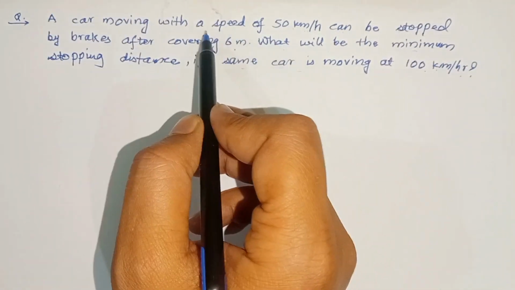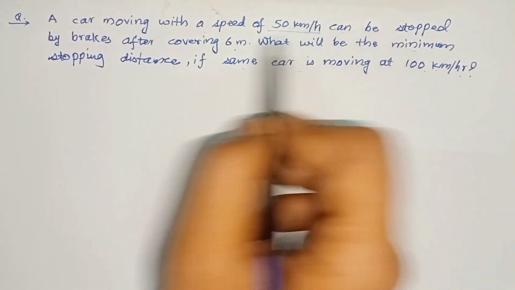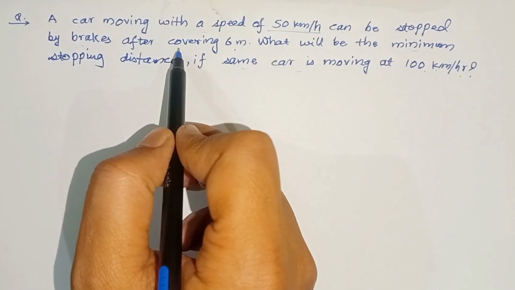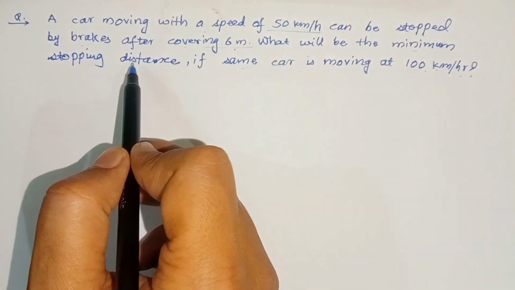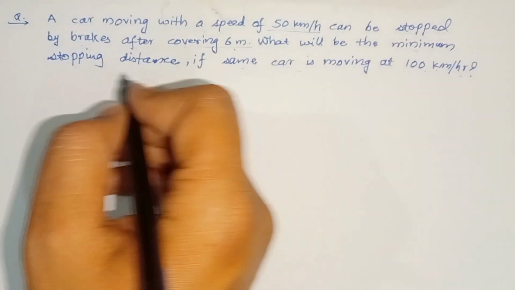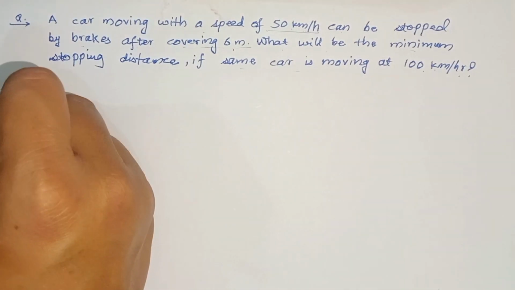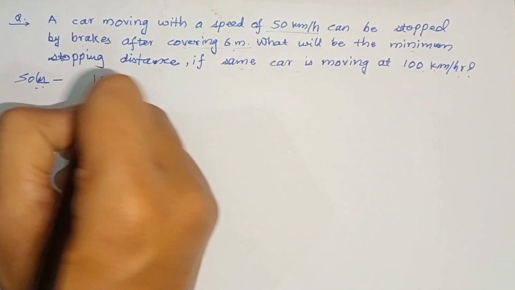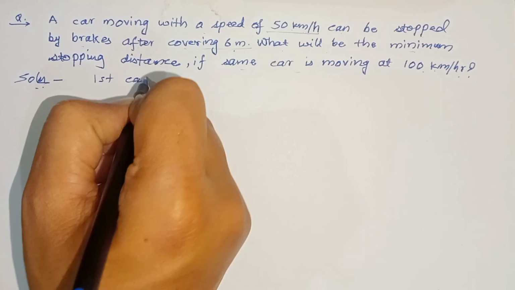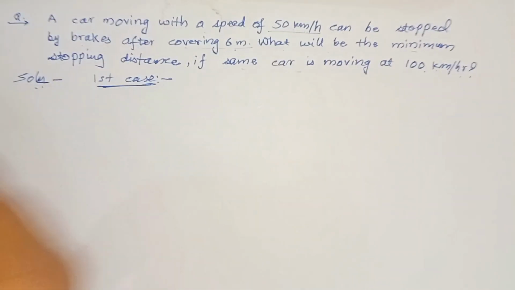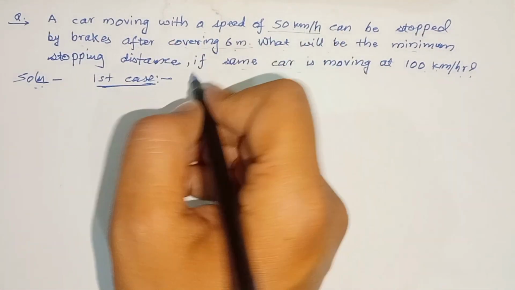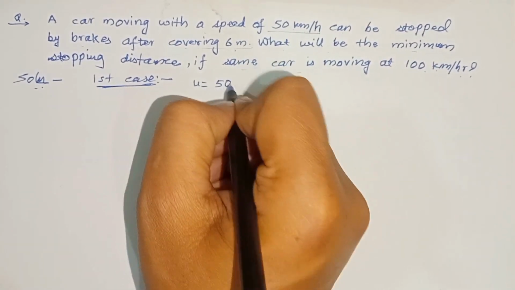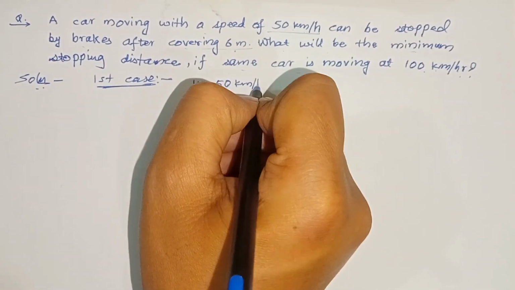In the first case, a speed is given and the brakes are applied, and the car covers 6 meters. So let's elaborate the cases. Solution. First case: the initial velocity is 50 km per hour, which is given.